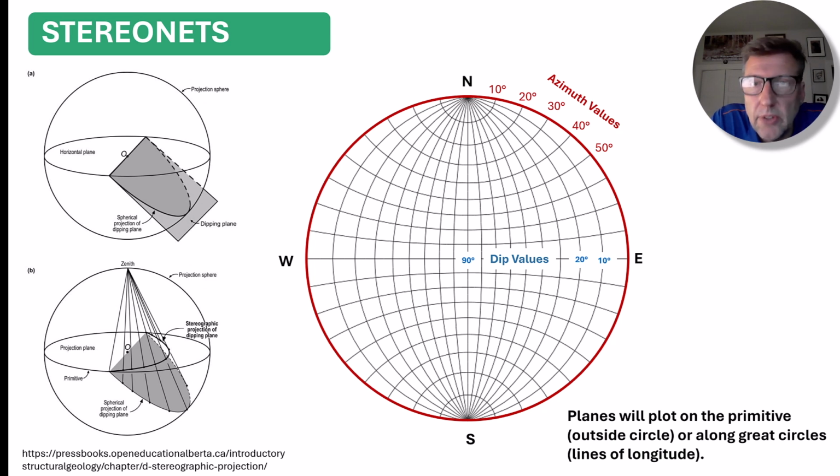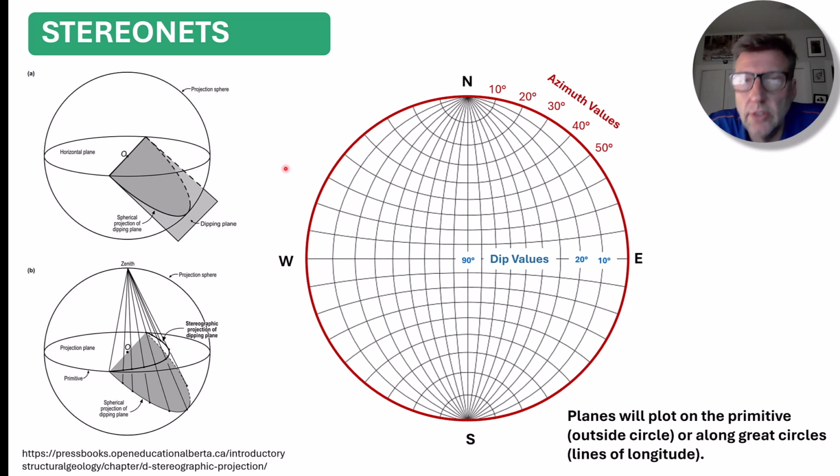We refer to this as the spherical projection of the dipping plane. What we see right here, this rectangle, is our dipping plane. This dipping plane intersects the edges of the sphere right here.